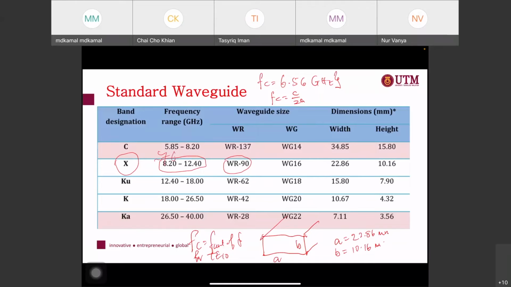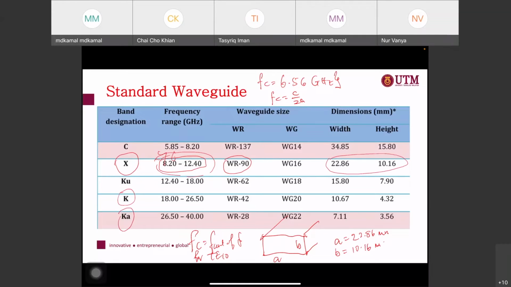So if you go to the shop and say, I would like to buy a waveguide or horn antenna operating at X band, they will give you the horn antenna here. The size of this aperture is about 22.86 multiplied by 10.16.